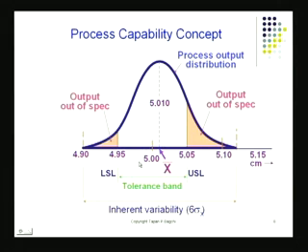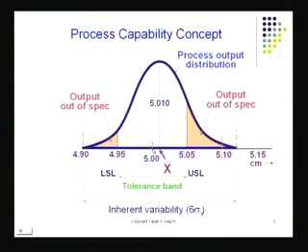Then of course there is something that I would like to find out from customers, and I say regardless of whatever the process is doing, what are your requirements? Then the customer comes along, he says, well, the target is correct. I want the quality characteristic to have the value of 5.00. My tolerance on the upper side is 5.05 and my tolerance on the lower side is 4.95.